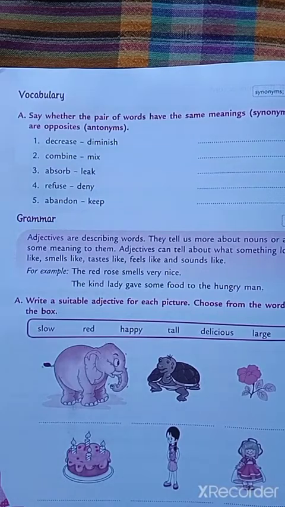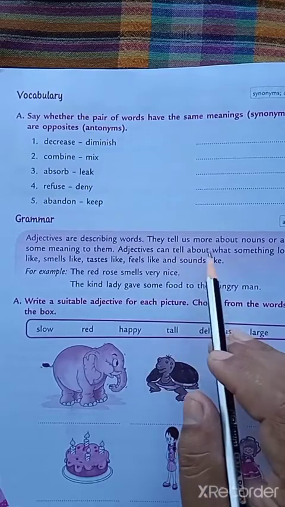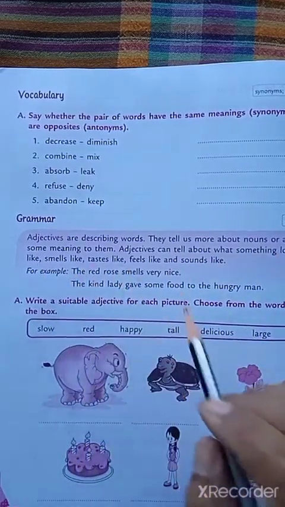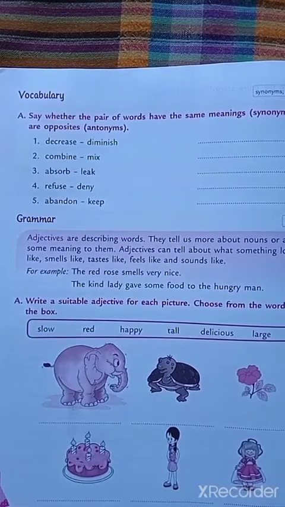That means adjectives are the words that describe some words. They may describe a noun or pronoun. So they tell us more about nouns or add some meaning to them. That means they qualify a noun or pronoun. So adjectives are the words that qualify a noun or a pronoun.